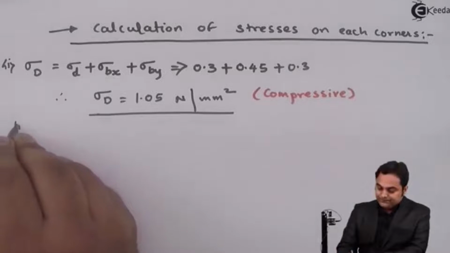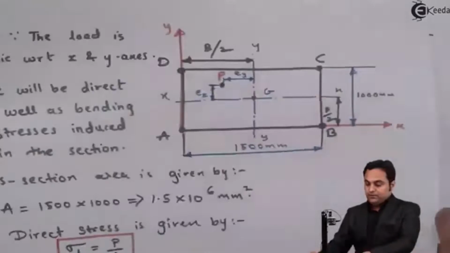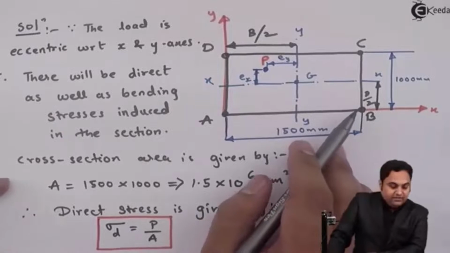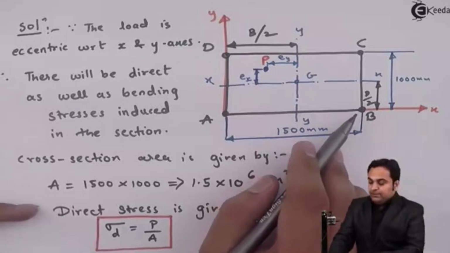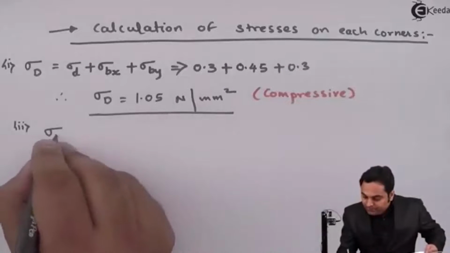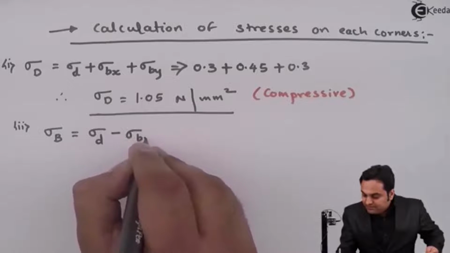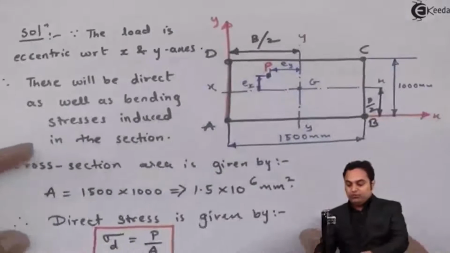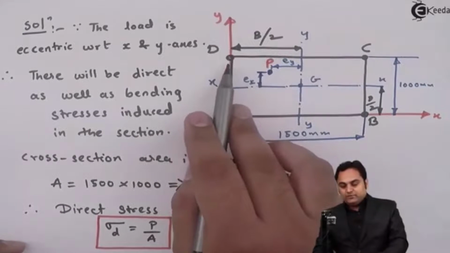Next, opposite to D, at B we would have the least value of stress, and that will be sigma B is equal to direct stress minus sigma bx minus sigma by, because it is opposite to the point D. Because the load was closer to D, D has maximum stress.